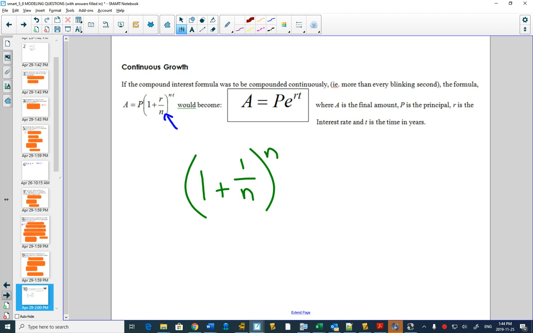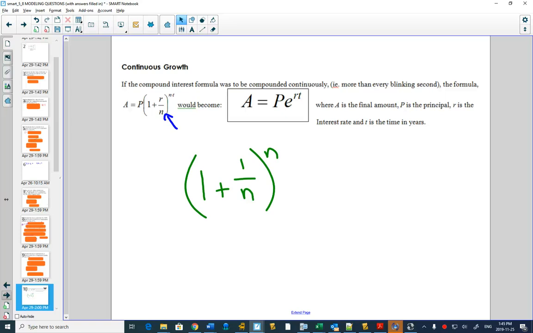This is a crazy idea, because what happens when n gets really, really big? If n is a billion, what does 1 over a billion get really close to? 0, right? If you have $1 and have to split it with a billion people, how much is each person going to get?